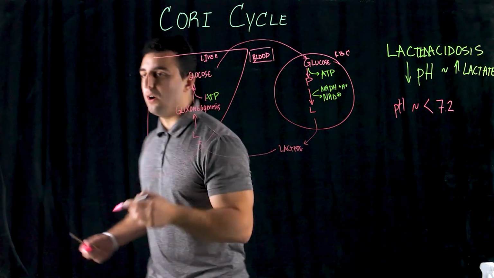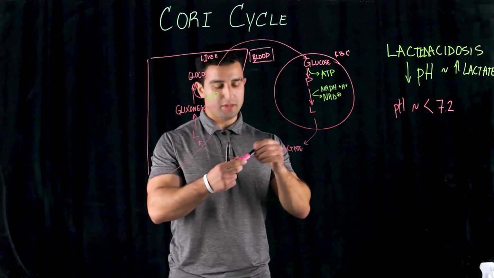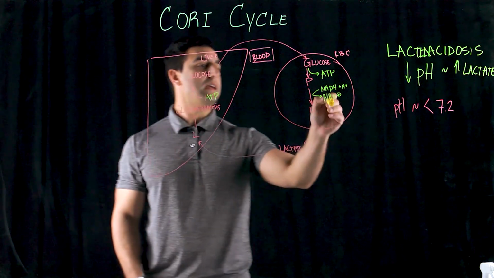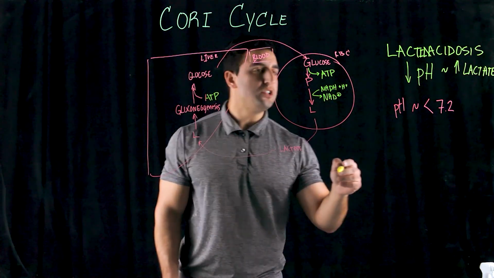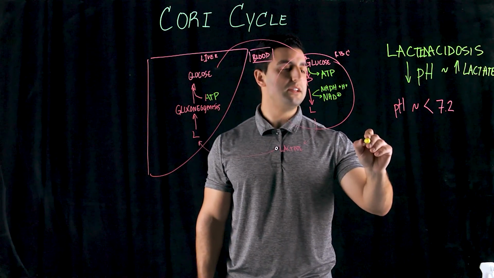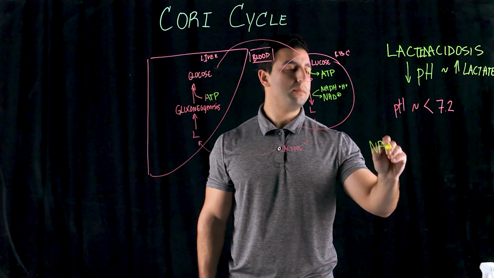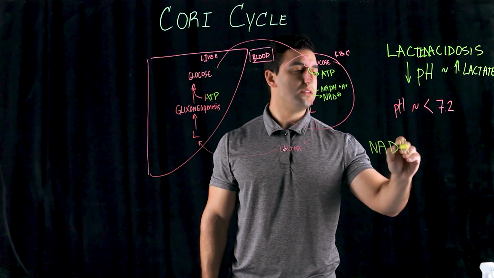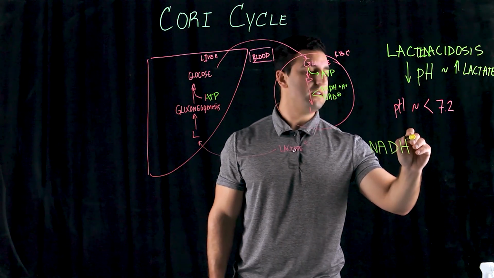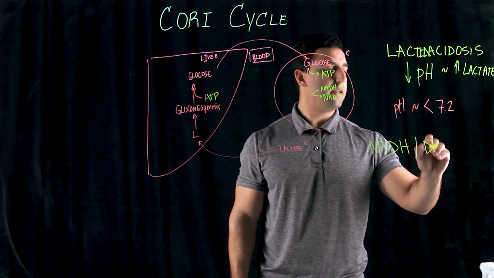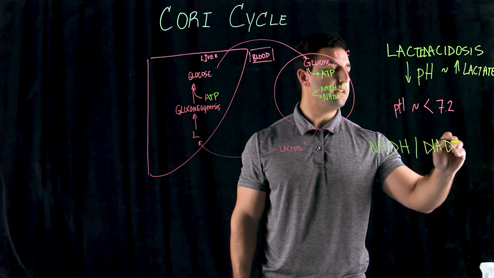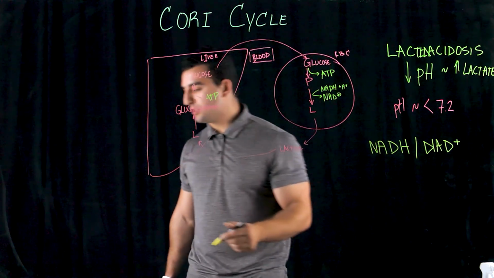And what do you think this would lead to in terms of the NADH-NAD ratios, right? The ratio of NADH that we talked about before becomes excessive, right? So you have high levels of NADH present, and then you need to reconvert these NADHs back into their normal physiological state, right?